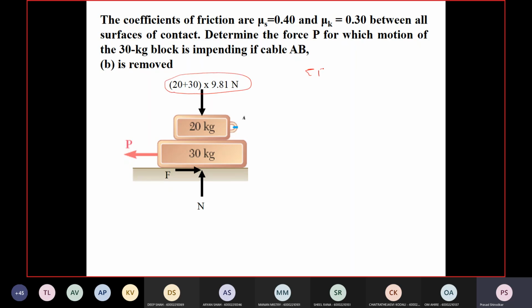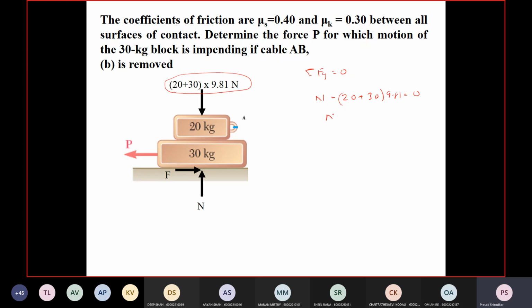Summation Fy is equal to 0. So N minus 20 plus 30 into 9.81 is equal to 0.